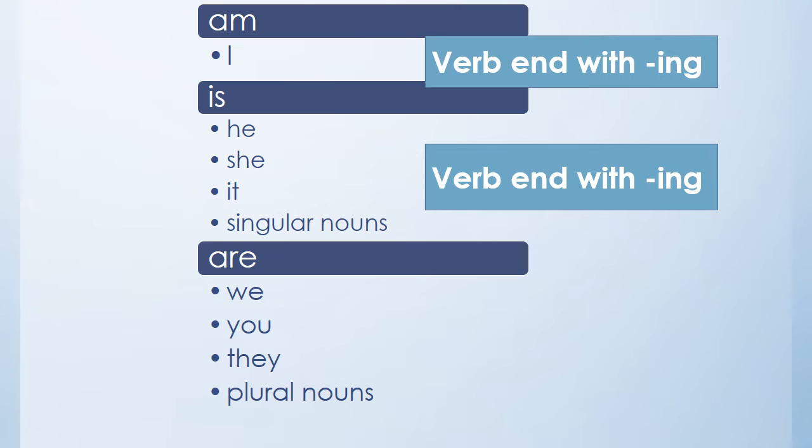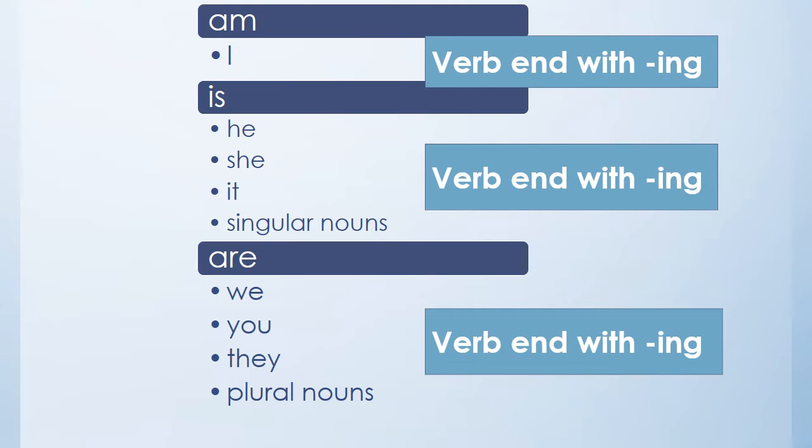So we use he is, she is, it is with a verb ending with ing. Then are. Whenever we use are, we use we, you, they with a verb ending with ing. We are, you are, they are with a verb ending with ing. Let us learn them with the help of examples.